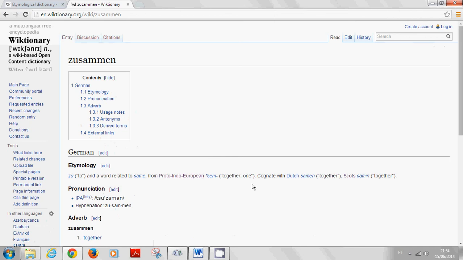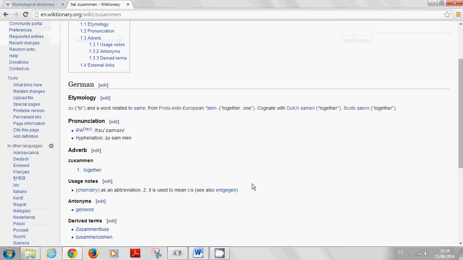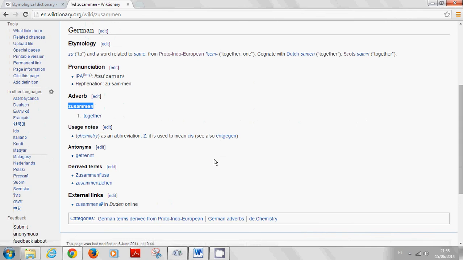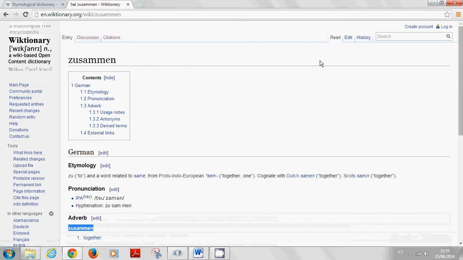So the sem one. The zusammen, for example: to-same, to-samen. Something like that in English, to-samen, would be German zusammen. So there's an example right there. So zu, or related to same, Proto-European, and this website can give you a lot of good stuff.